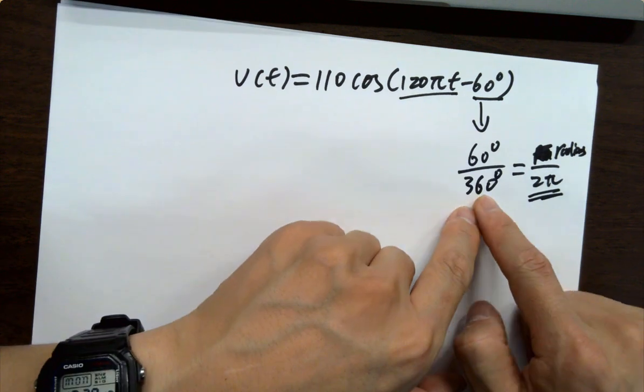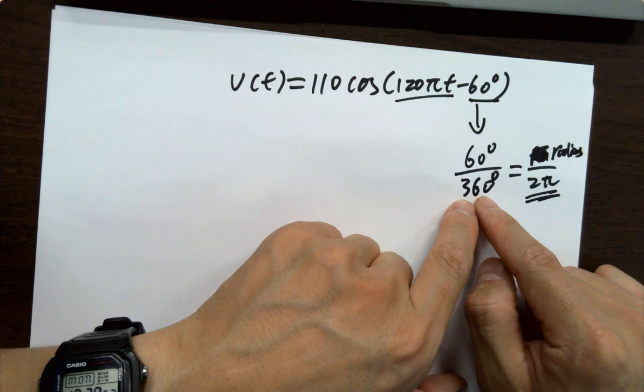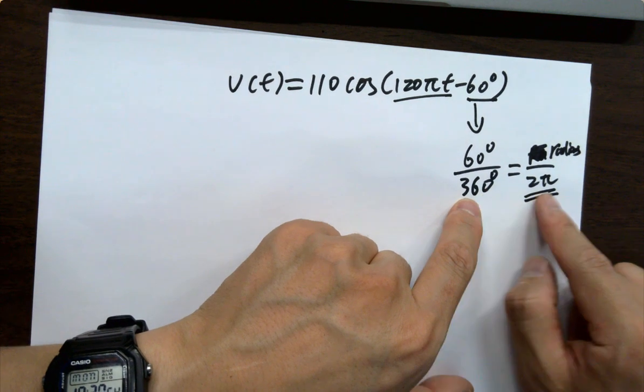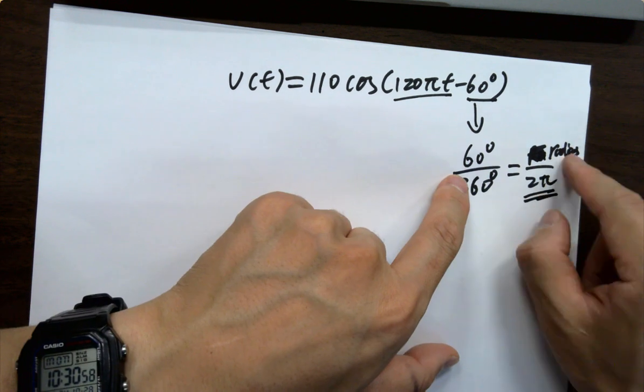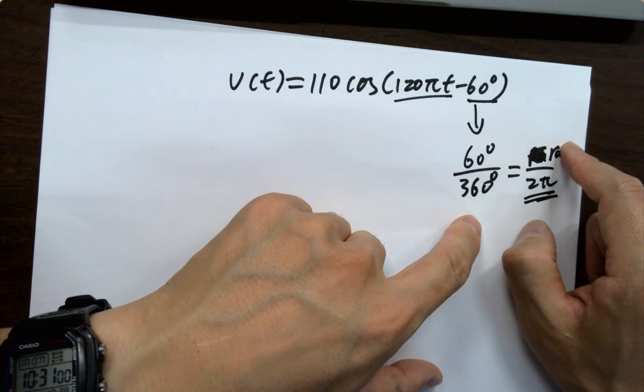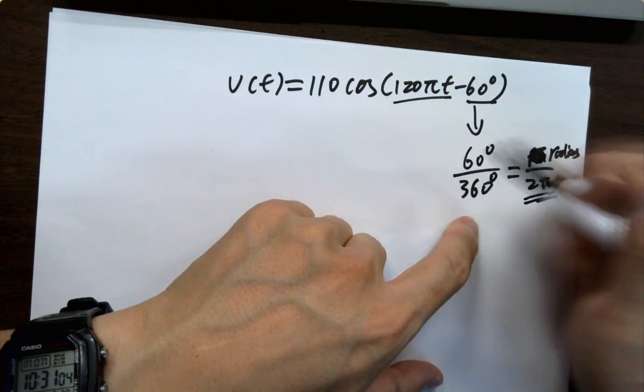This is the total number of radians. So for the whole circle, there are 360 degrees and 2 pi radians. That's why I can find out how many radians I have for this degree. That's how I convert it. Super important equation.